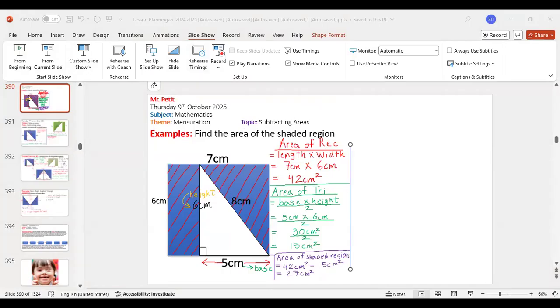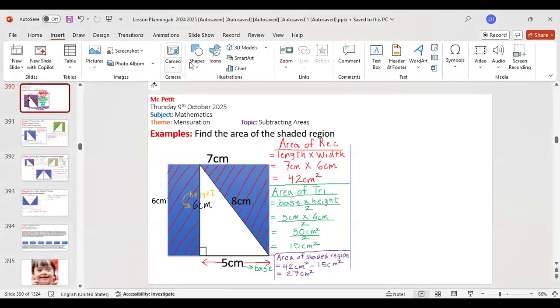Let's do another one. So let's say we have another one where we put it on the top side.